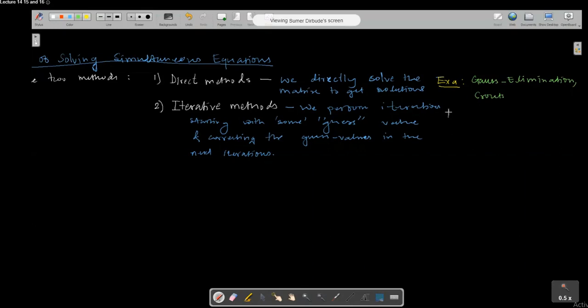For iterative methods, on the other hand, the popular methods are the Jacobi method, the Gauss-Seidel method, and other variations of Gauss-Seidel, the relaxation methods.